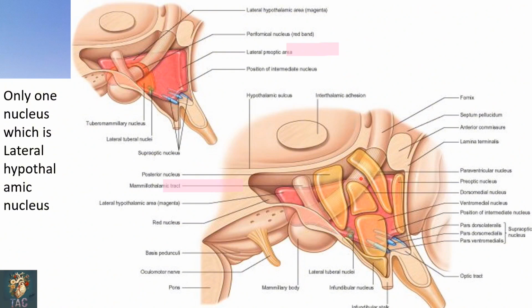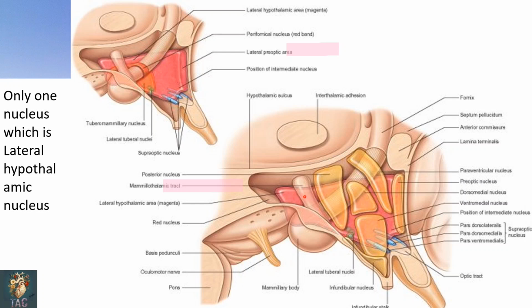Then in the tuberal zone you can see this one is the dorsomedial nucleus, and this one is the ventromedial nucleus, and the posterior nucleus and the arcuate nucleus, which are present in the tuberal zone. Then the posterior area, in which you can see the posterior nuclei.